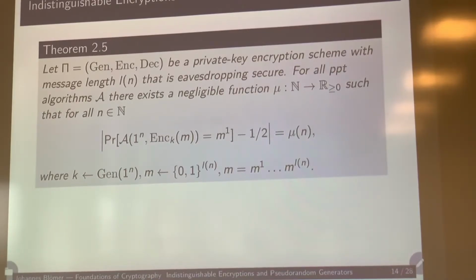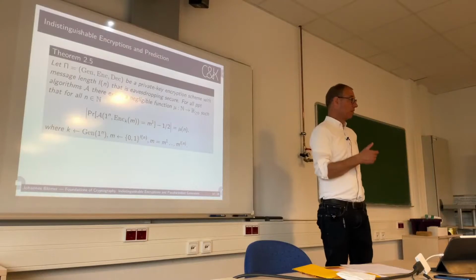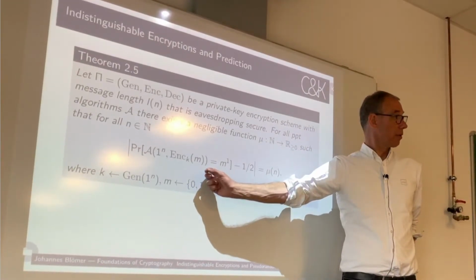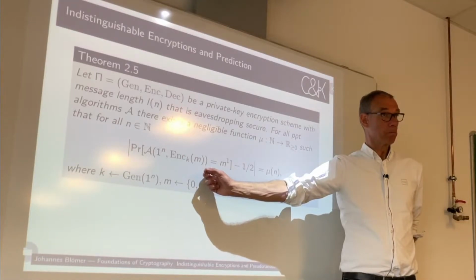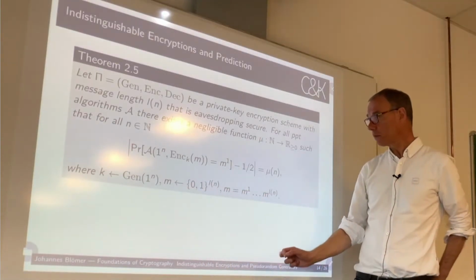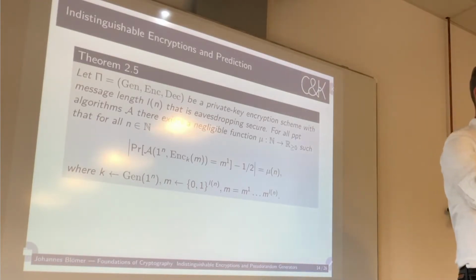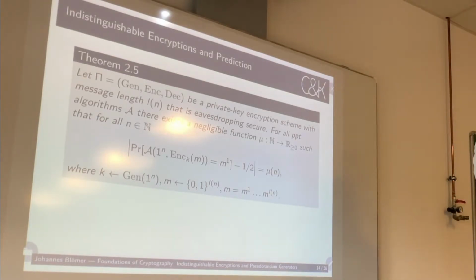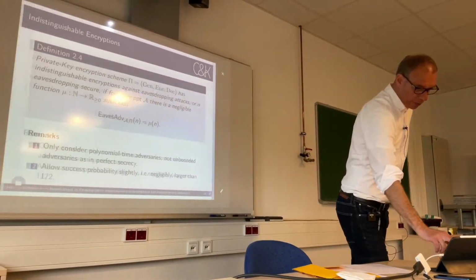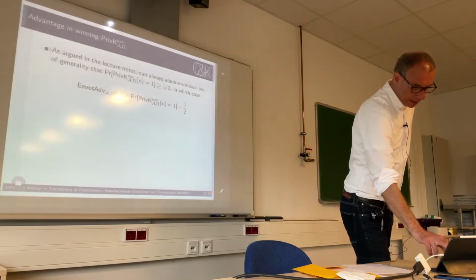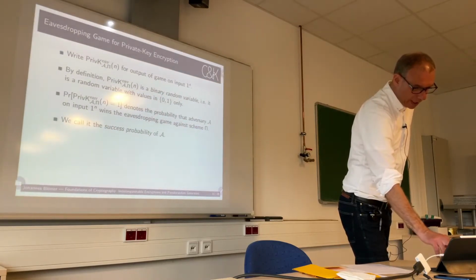So even for a random message, you cannot predict the first bit given the encryption. Not just for particular messages, but even for a random one, you cannot do that. By the way, because we're talking about lots of probabilities, let me go back here.